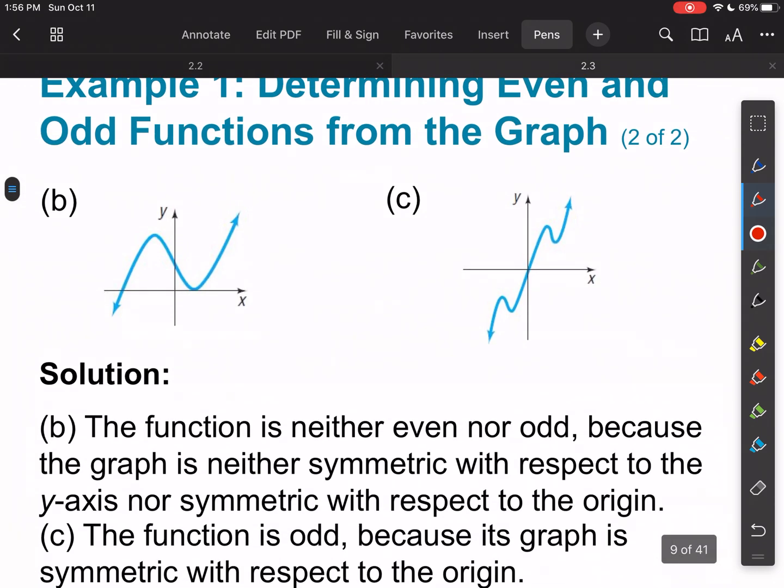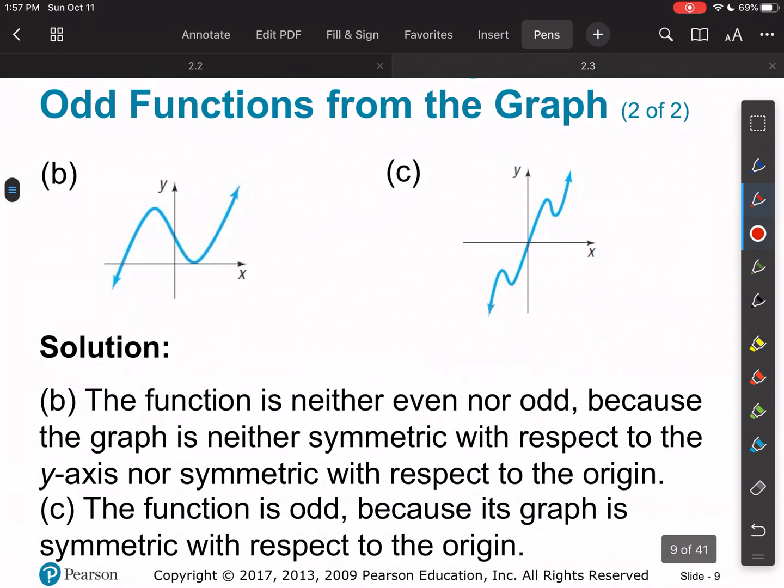Okay, so let's look at a couple more. If I look at B, notice we do not have symmetry here, right? This point would have to be somewhere right here if there was symmetry across the y. If I looked at this line, I don't have symmetry across that line.